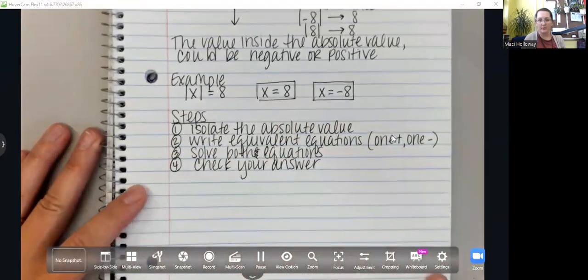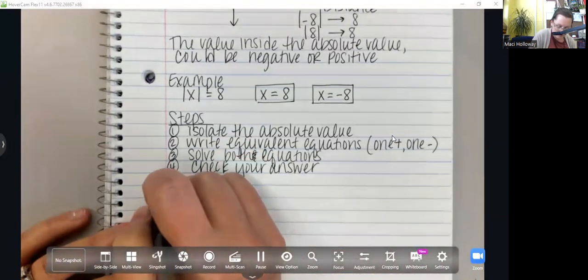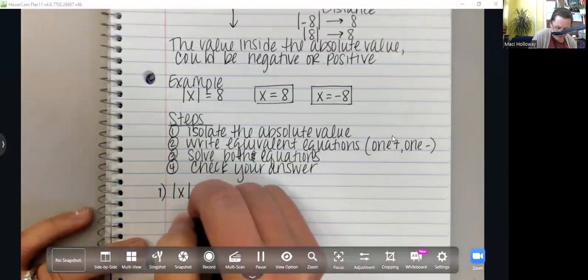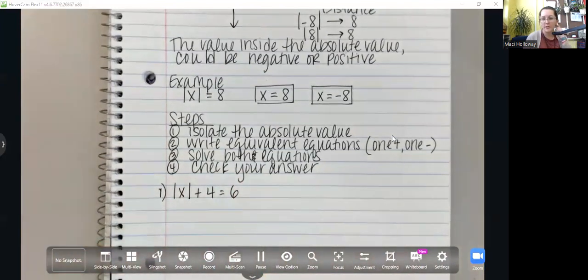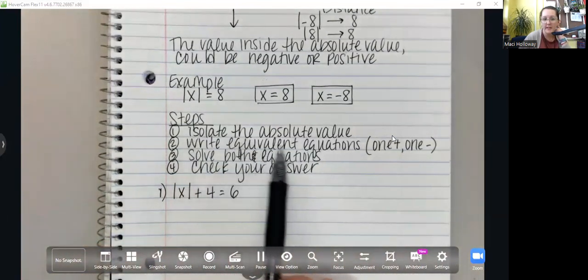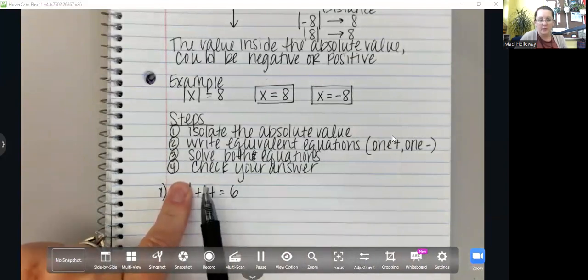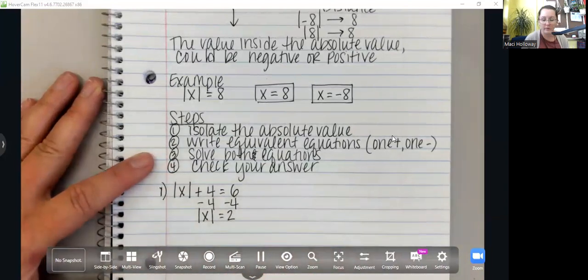Let's try this with one of them. I'm going to do just one that has one step. Here's my example number 1. If I say the absolute value of x plus 4 equals 6, we're going to solve this by following our steps. Isolate the absolute value. That means I need to get rid of this positive 4 by subtracting, so the absolute value of x equals 2.